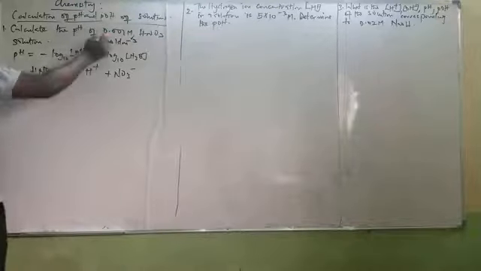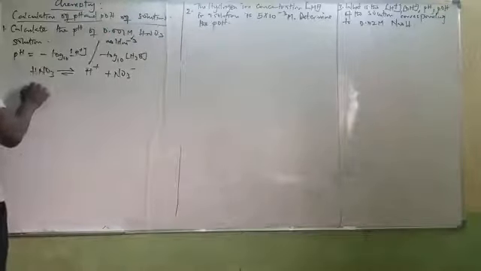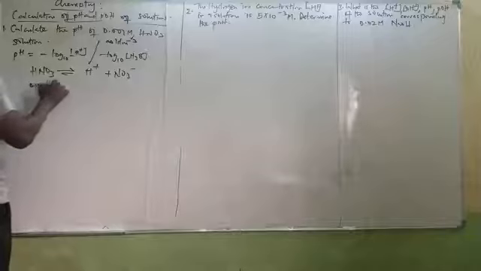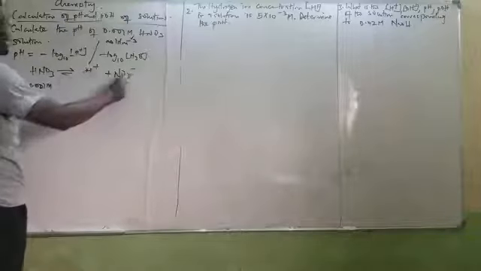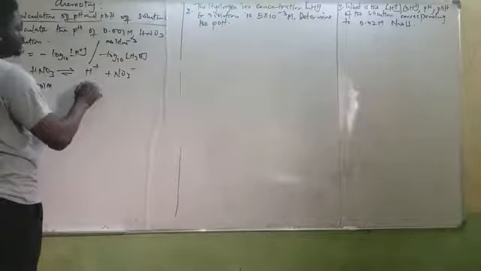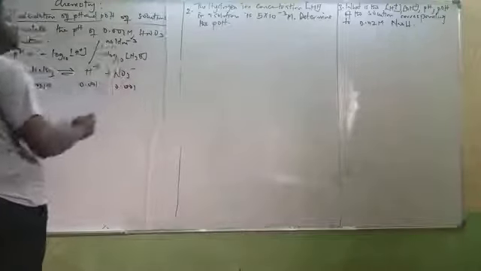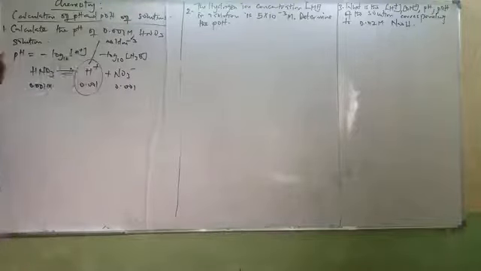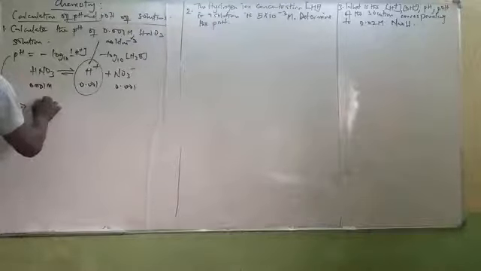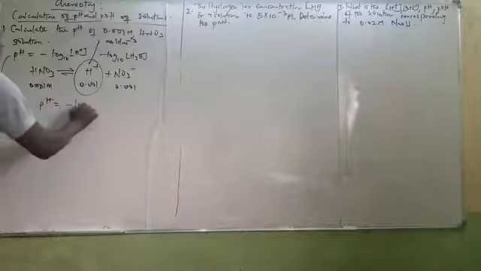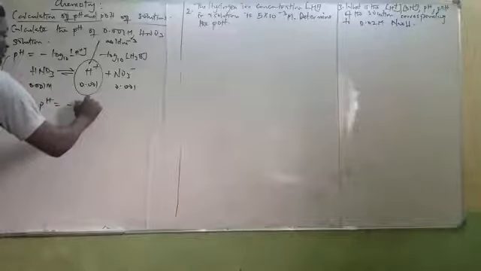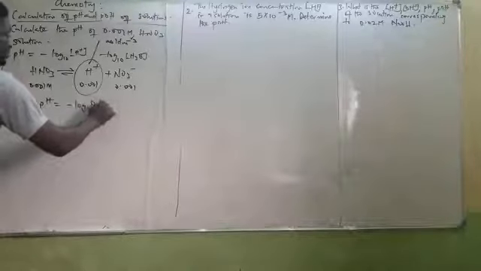Because this is a 1:1 ratio, we have 0.001 molar of this and 0.001 molar of this. But we are concerned with this because we are looking for the pH, right? So we use our equation: pH is equal to minus log 10 of 0.001.